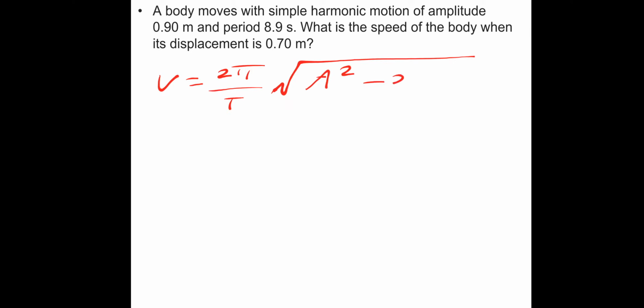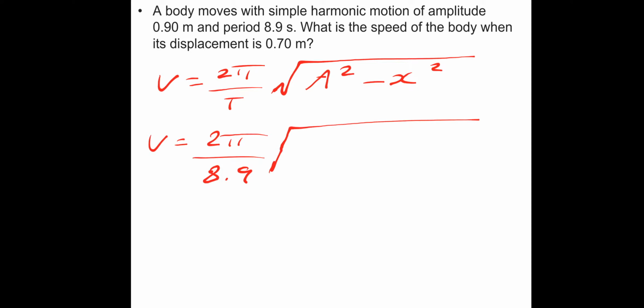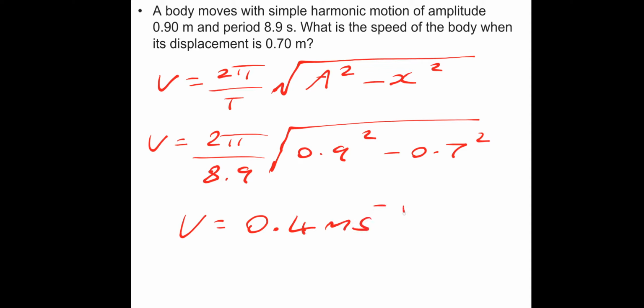In this instance, we've got the time period, so omega is 2 pi over T. So the velocity is 2 pi divided by the time period of 8.9 seconds, multiplied by the square root of 0.9 squared minus 0.7 squared. That gives us a velocity of 0.4 meters per second.